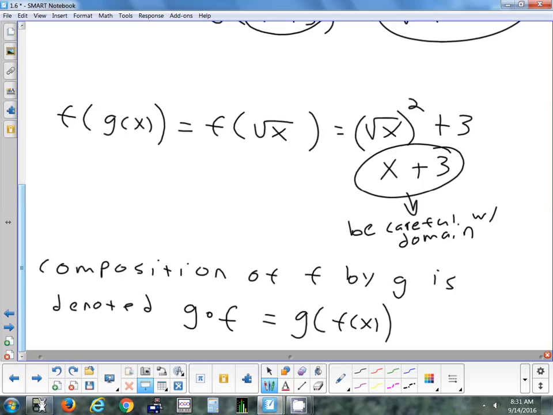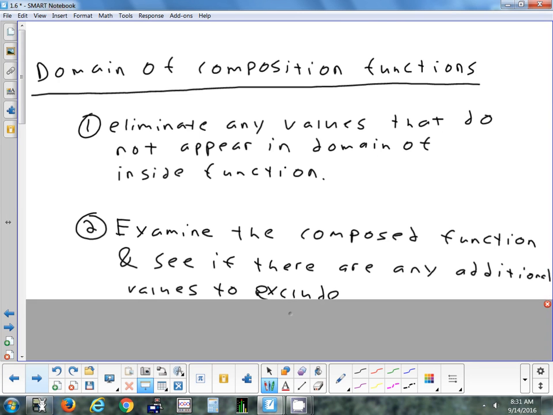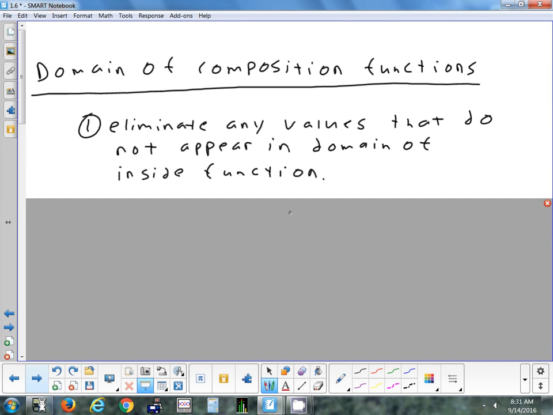All right, so next thing we're going to look at is the domain. When we compose a new function, how do we find the domain? It's actually two steps. First thing we have to do is look at the inside function, and we have to eliminate any values that you would not be allowed to use in the inside function.